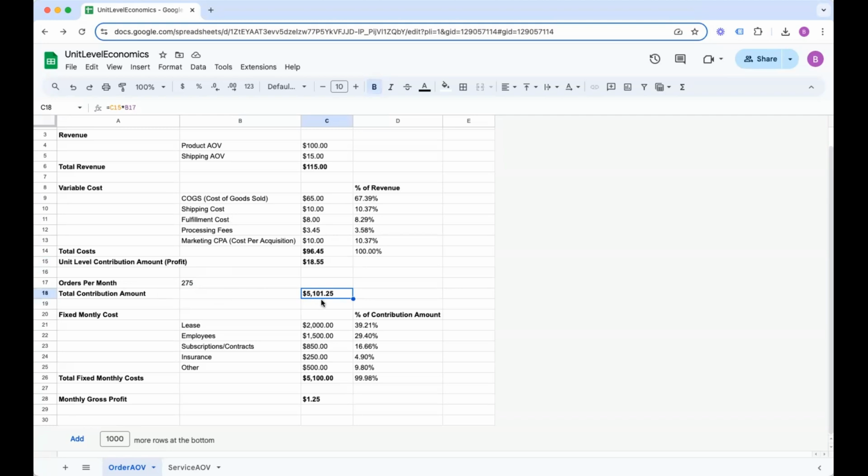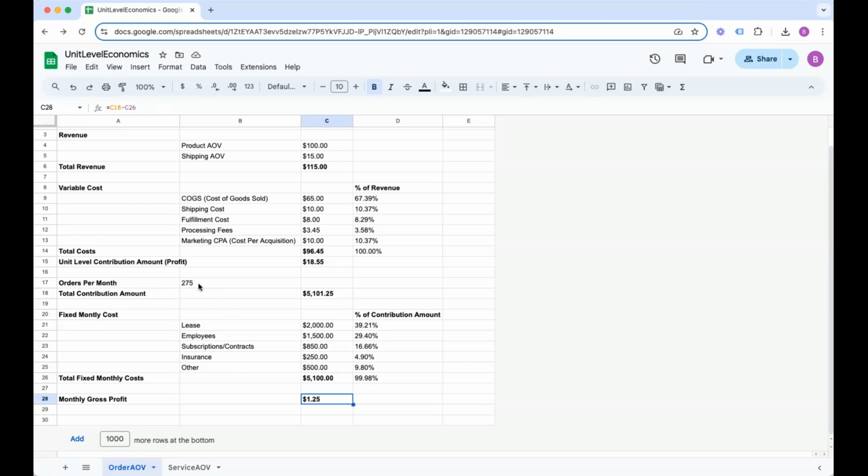That dollar amount is what you'll use to put toward all of your fixed expenses that you need to just run the company. Things like your lease, employees, subscriptions, insurance, could be a lot of other things here. And I look at this as a monthly figure, at least it's easiest for me to model it that way. And so then you sum all that up and it's about $5,100.